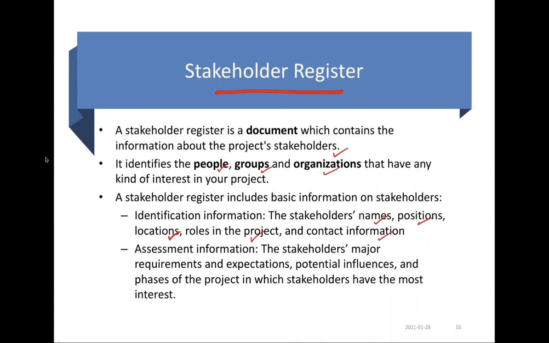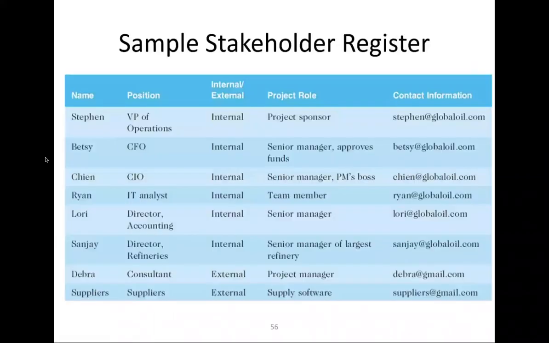Also, we keep assessment information in the stakeholder register that includes the stakeholder's major requirements and expectations, potential influences, and the phase of the project in which we align each stakeholder and their interest in each phase.